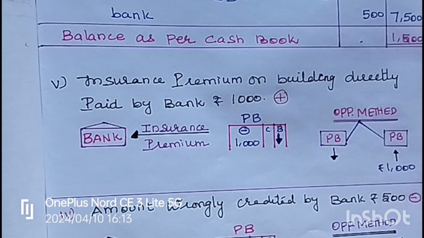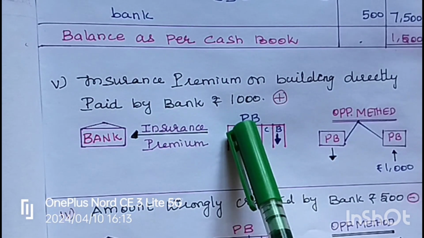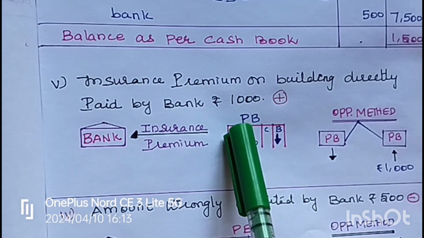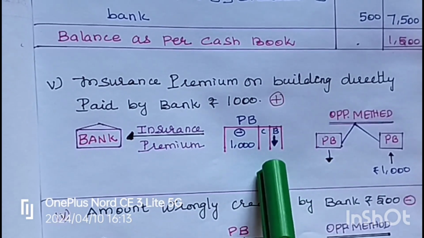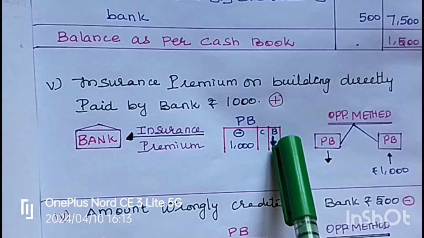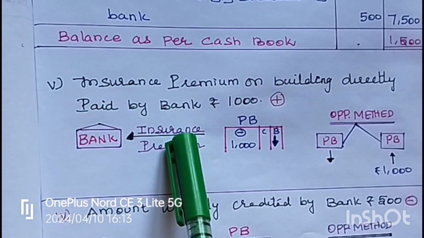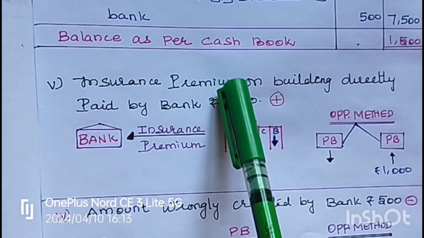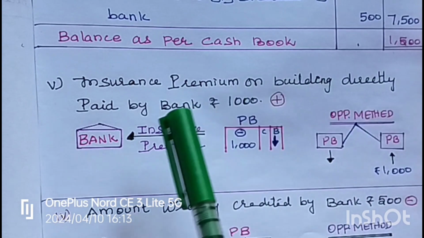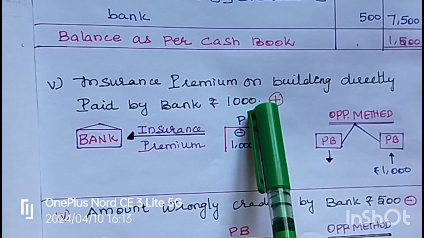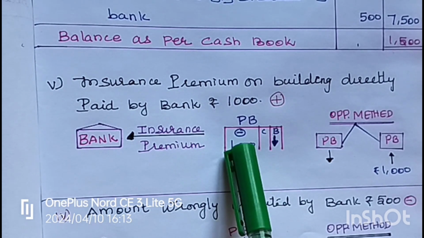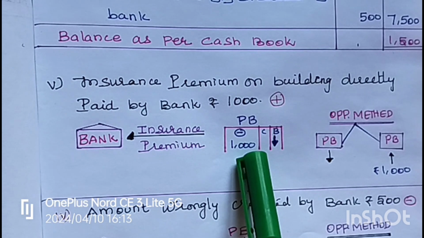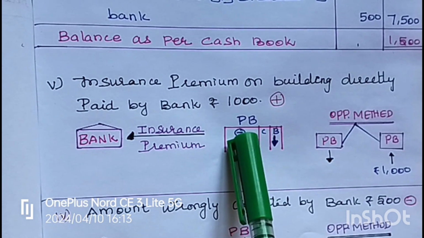In such a case, when the bank paid the insurance premium of 1,000 rupees directly, it will be immediately decreased in the bank passbook. Okay, paid means cash goes out. So in the name of insurance premium, the bank directly paid 1,000 rupees. So the bank passbook will be decreased by 1,000 rupees. The bank passbook shows debited.